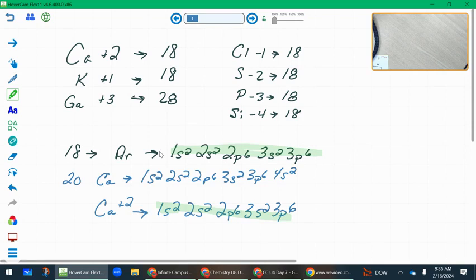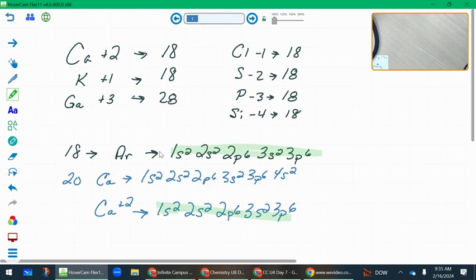What about phosphorus as a -3? When atoms combine, the reason they are combining is to become stable by gaining, losing, or sharing electrons, right? So what does every atom look like when it becomes stable? The same.